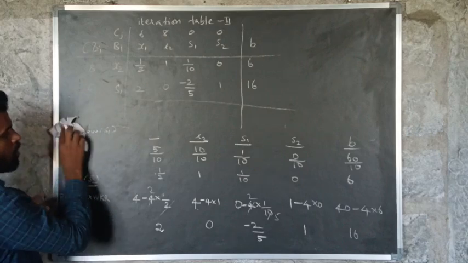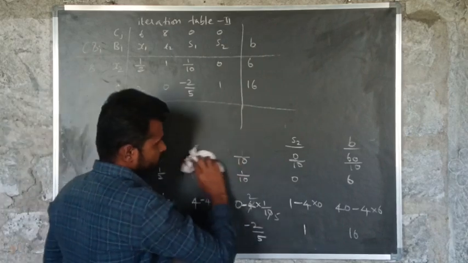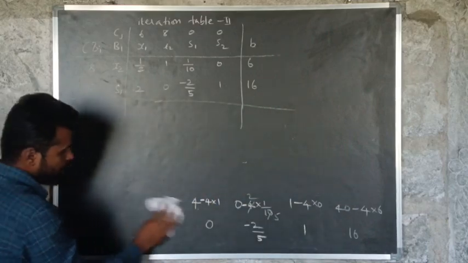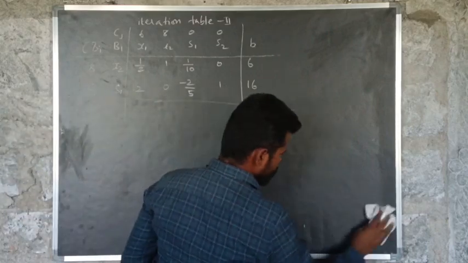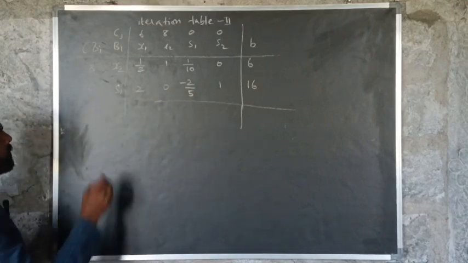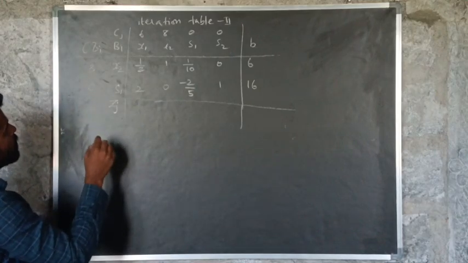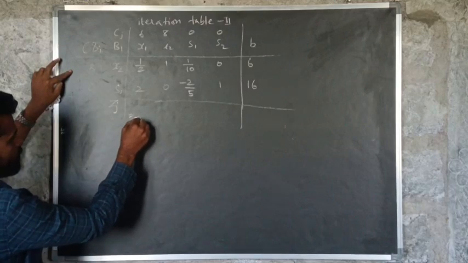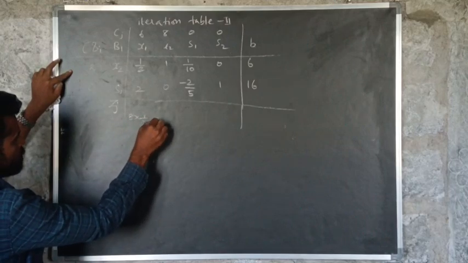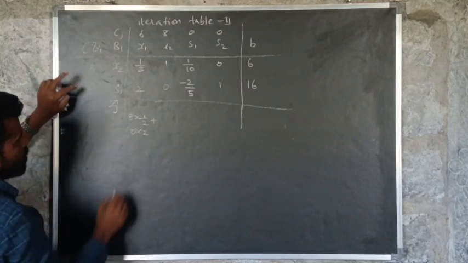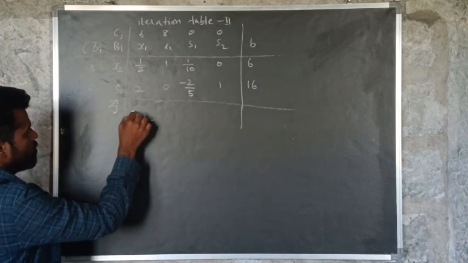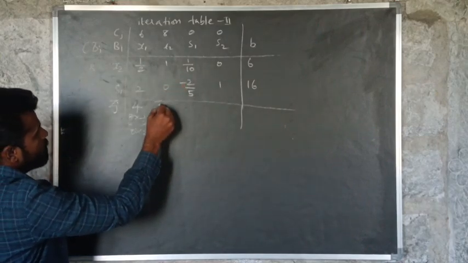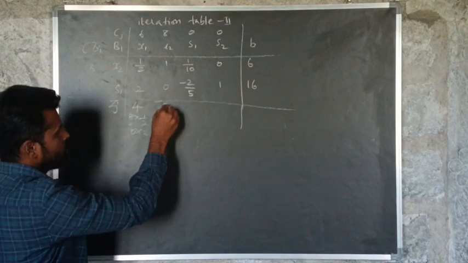Now after this, we know how to calculate Zj and Cj, so we are going to test the optimality. Now the Zj values: 8 into 1 by 2 plus 0 into 2. What happens? 4 plus 0, so 4. 8 into 1 plus 0 into 0, 8.